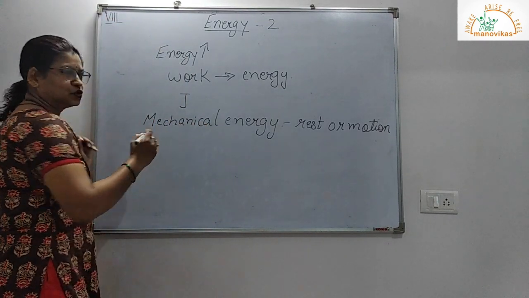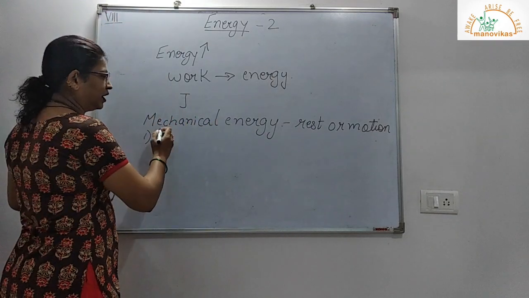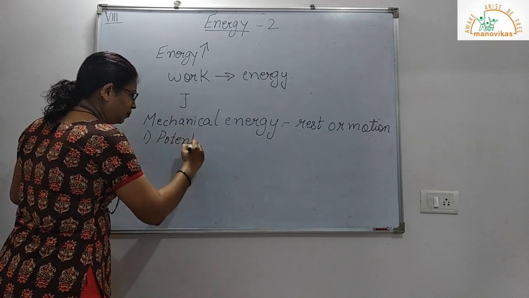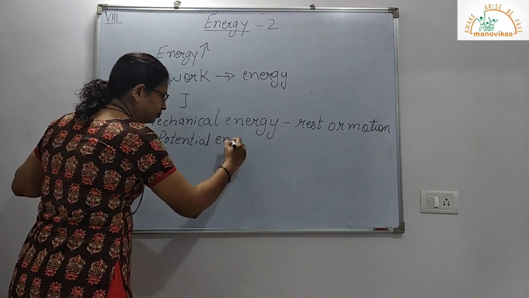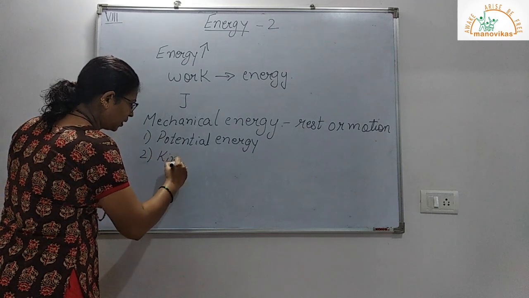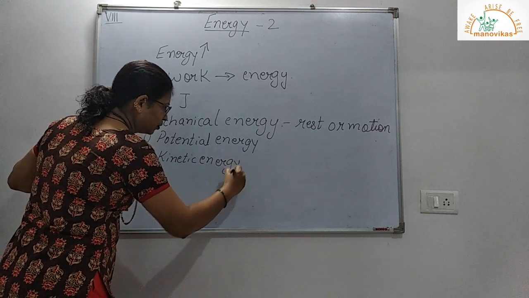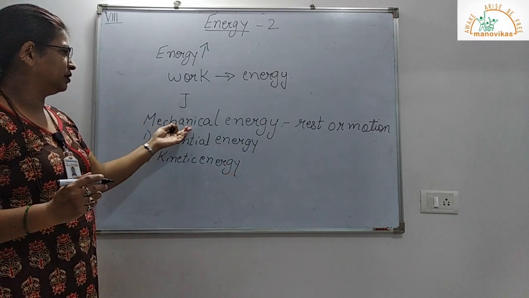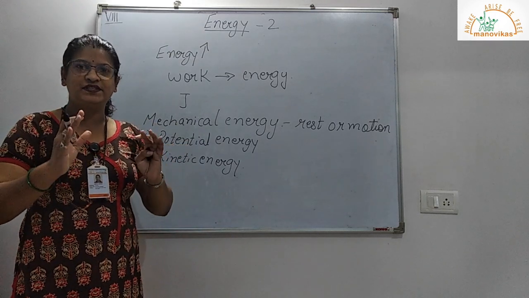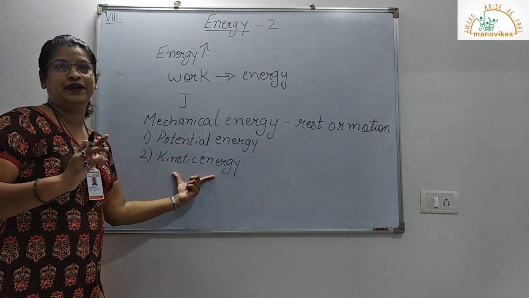In the previous classes also we have learned about potential energy and kinetic energy. So mechanical energy is of two forms, first is the potential energy and the second is the kinetic energy. Now mechanical energy is nothing but the sum total of potential energy and kinetic energy.